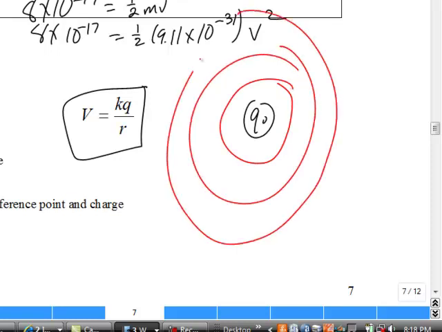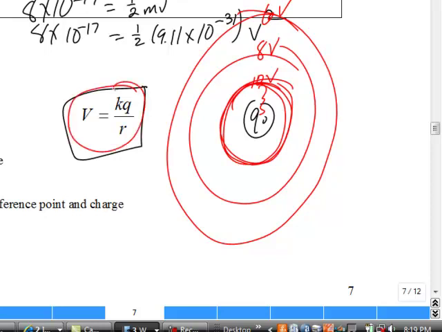And these equipotential lines are lines where the electric potential is the same throughout the whole area. And so the closer, of course, we are to this charged particle, the higher our electric potential. So this might be 10 volts, 8 volts, 6 volts, and vice versa. So again, those equations should look really familiar to you as we talk about potential.